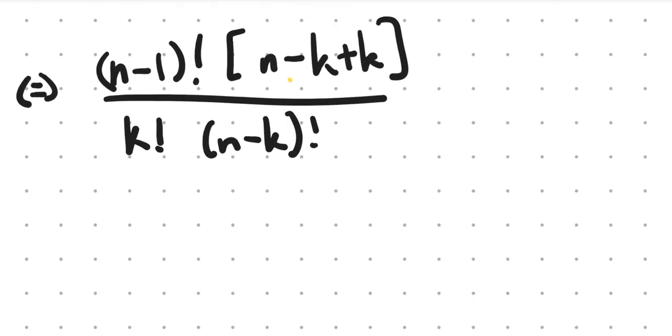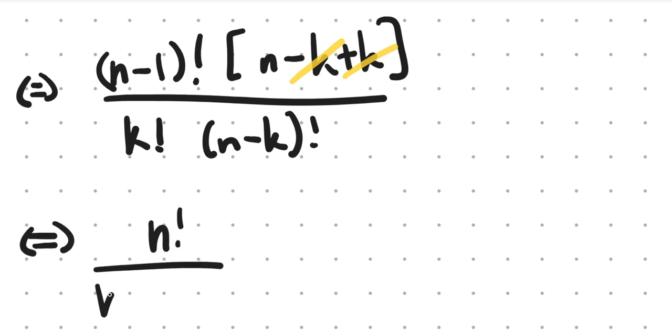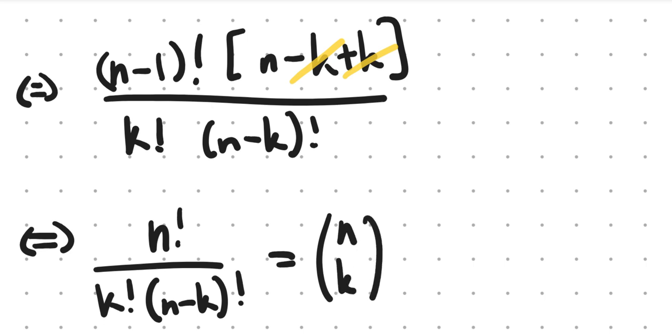Now what is n minus k plus k? It's n. So what is n times n minus 1 factorial? It's n factorial. So now we got n factorial divided by k factorial times n minus k factorial, which is n choose k. So now we have proven that n choose k is equal to n minus 1 choose k plus n minus 1 choose k minus 1.